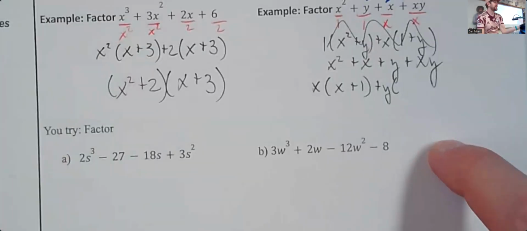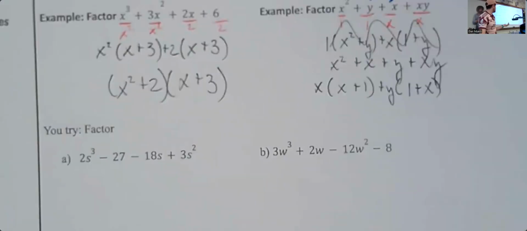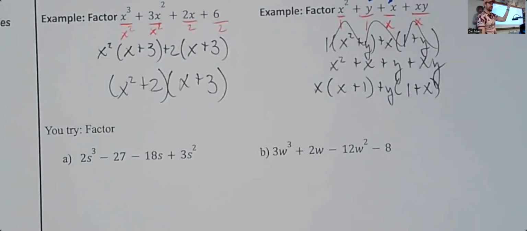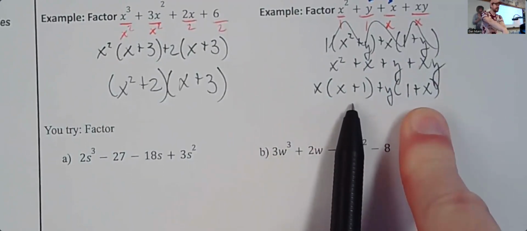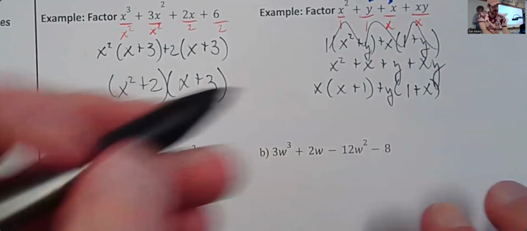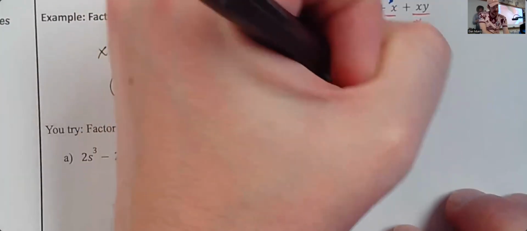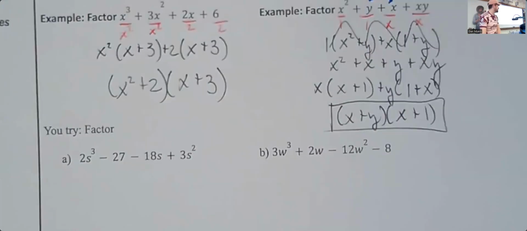That'd be 1 plus x, right? And we just said a moment ago that you can flip around the order of addition and it doesn't matter. So x plus 1 and 1 plus x, that is the same thing. So when we write our answer, we'll just go ahead and move this x to the front of there and put the 1 after it. So we're going to say x plus y times x plus 1. That would be the answer to that one.